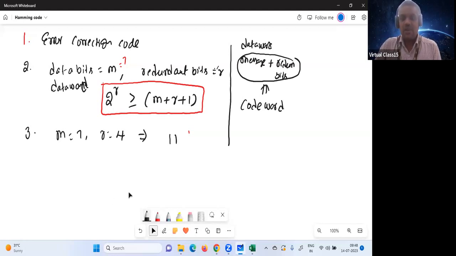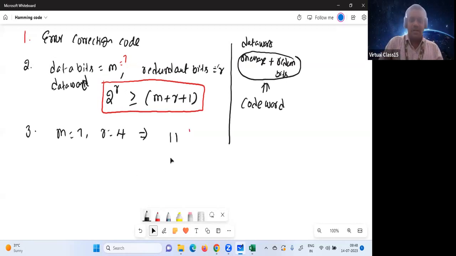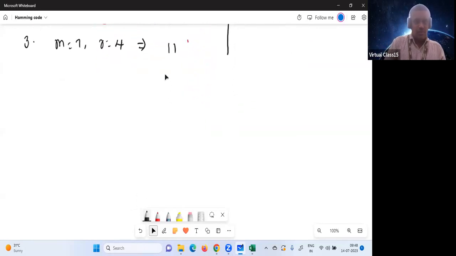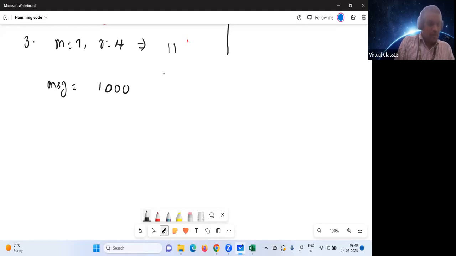Now we will try to understand how to find that code word exactly. As of now, we have computed the length of the code word. How do we compute the exact bits? With an example, assume the message given is 7 bits: 1 1 0 0 0 0 0 1.